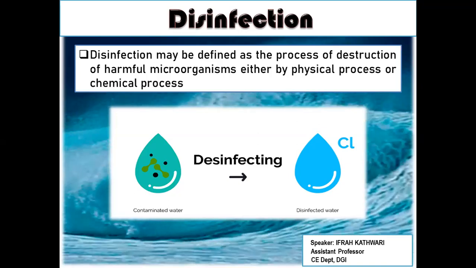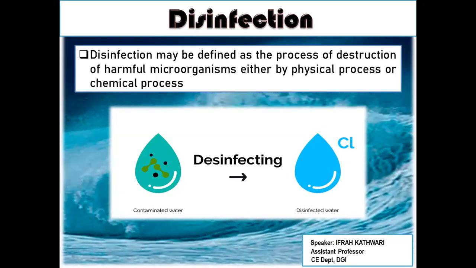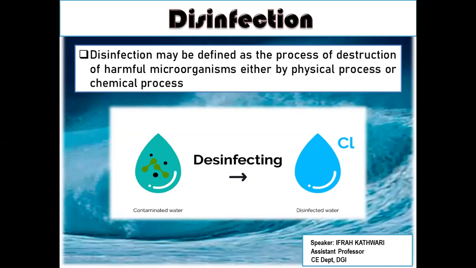We can use this process for removing the pathogenic bacteria, which are harmful for health. Pathogens like protozoa are larger in size, so they can be removed in the earlier stages, like filtration.